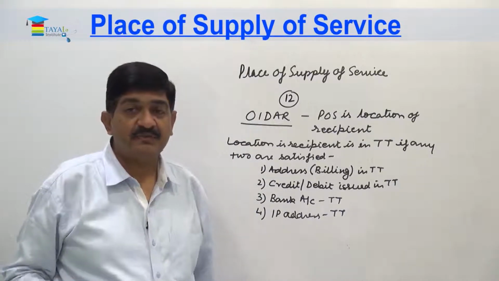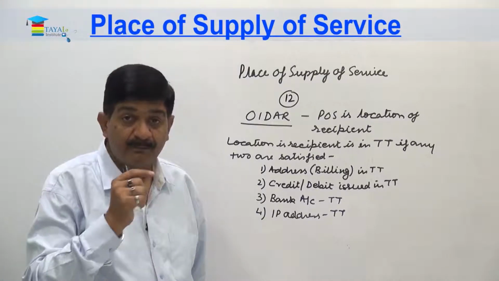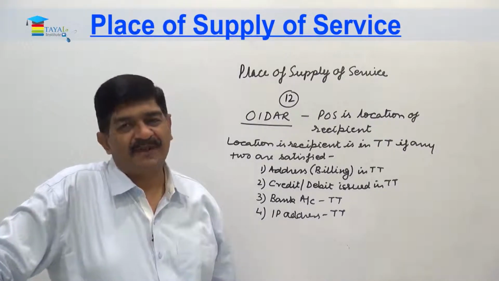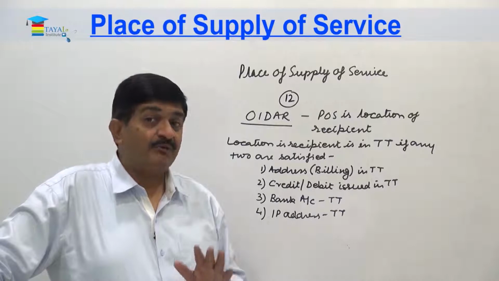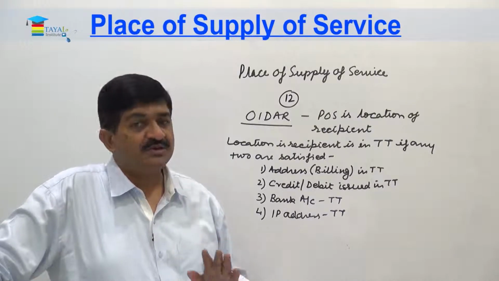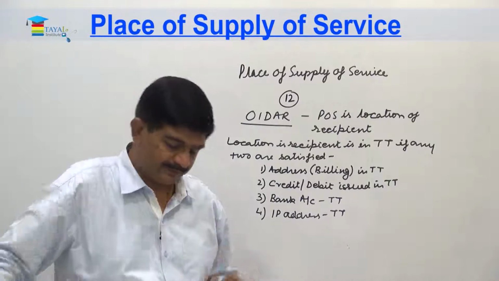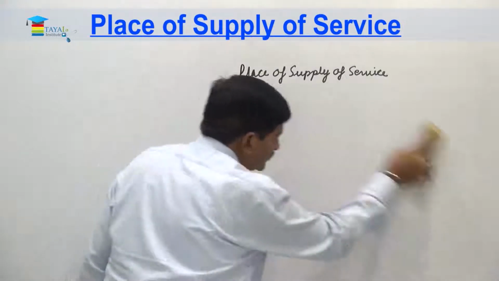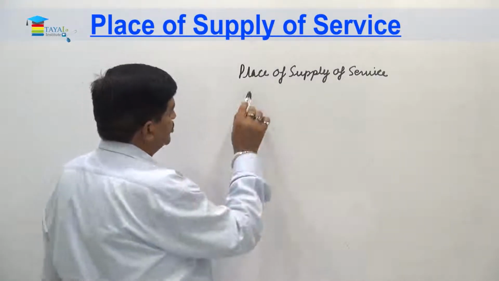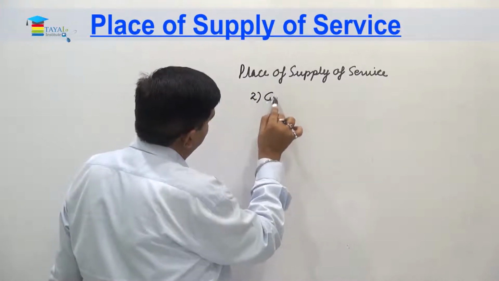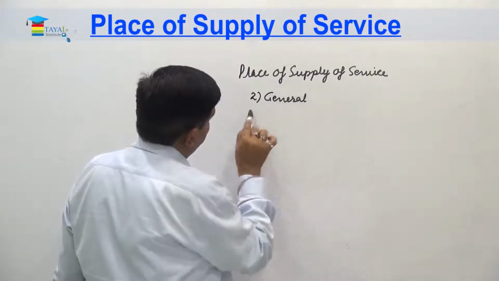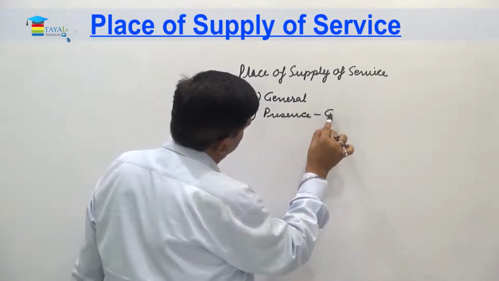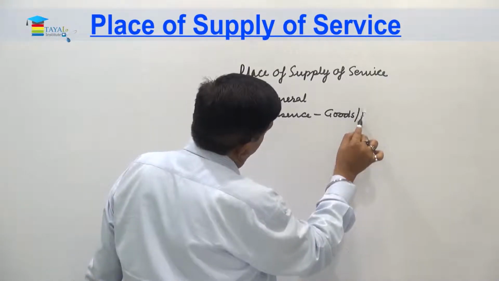Subsection 13 says that for specific services the government may prescribe that only the place of actual enjoyment will be the place of supply. So that is subjective. Effectively, what you have to understand is subsection 3 to subsection 12. Once again, subsection 2 is general. Subsection 3 is presence of goods or person.